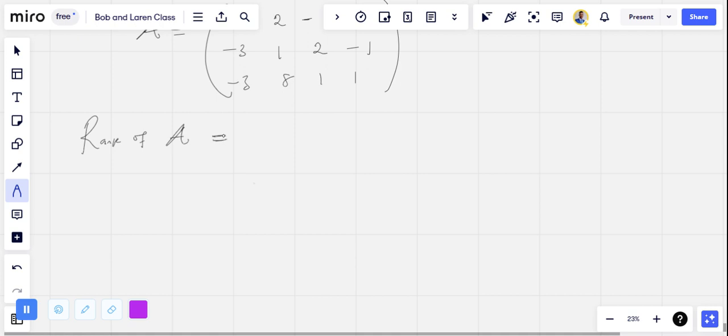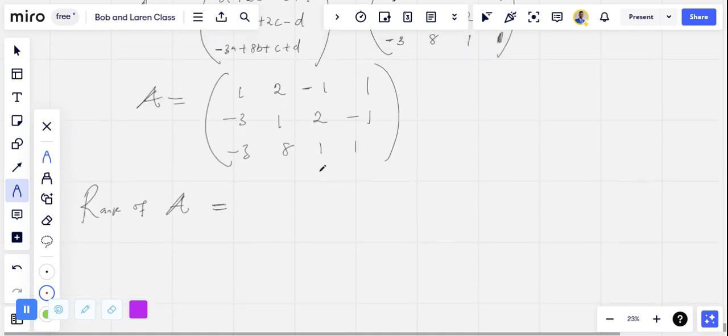Now to look for the rank of matrix A, what are you going to do? Do you still remember math? In linear algebra, you can resolve a matrix to row echelon form. I don't know whether you remember that. So we need to express this matrix, we need to reduce it to a row echelon matrix.